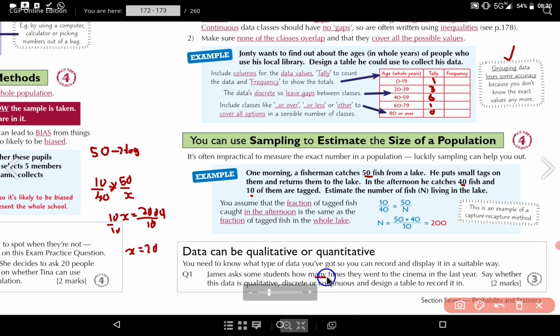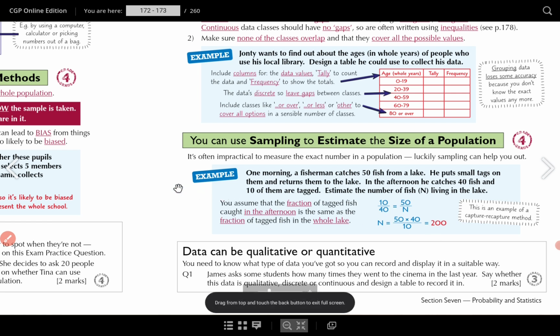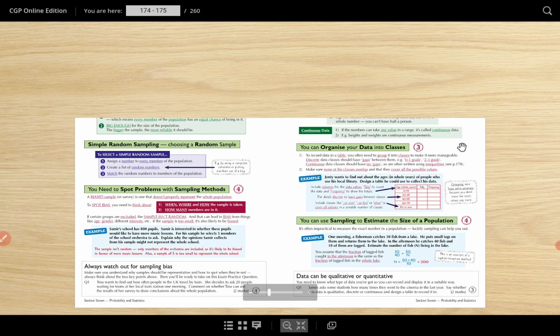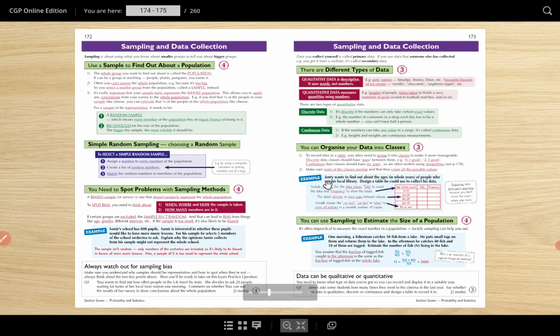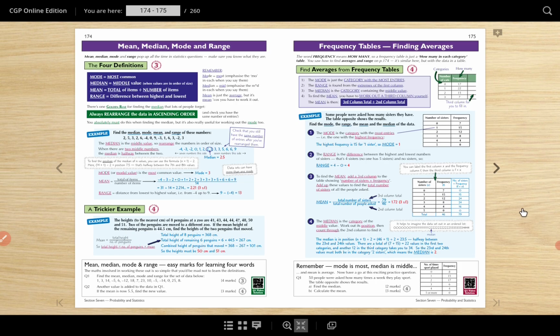So here it says how many times, so you are dealing with numbers there, and you can actually group it in some class. So this is continuous. All right, we've looked at this.